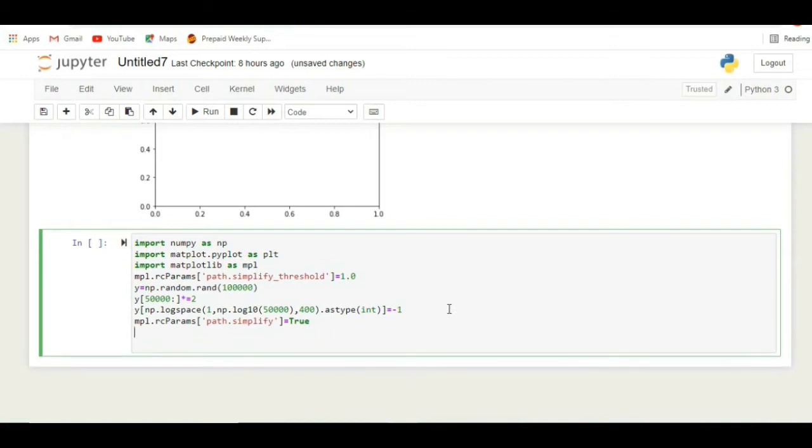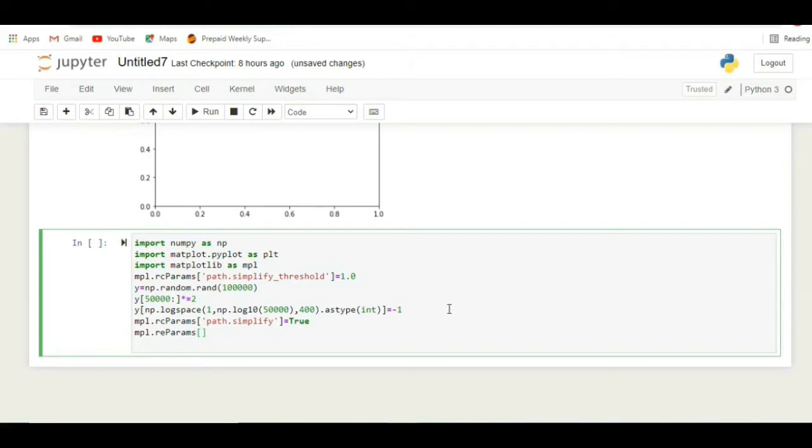Now mpl.rcParams, and inside the square bracket you shall write this. This is rcParams, not reParams.